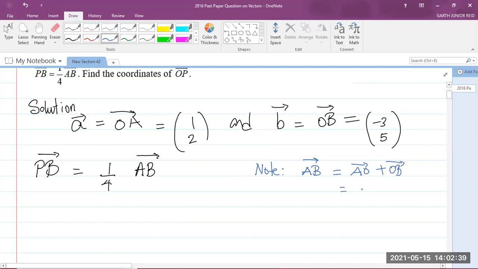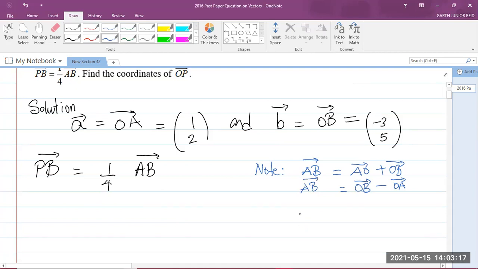We can also write it as the vector OB minus the vector OA, because if I'm going from O to A, negative OA and OA are just opposite vectors. So that is the vector AB.